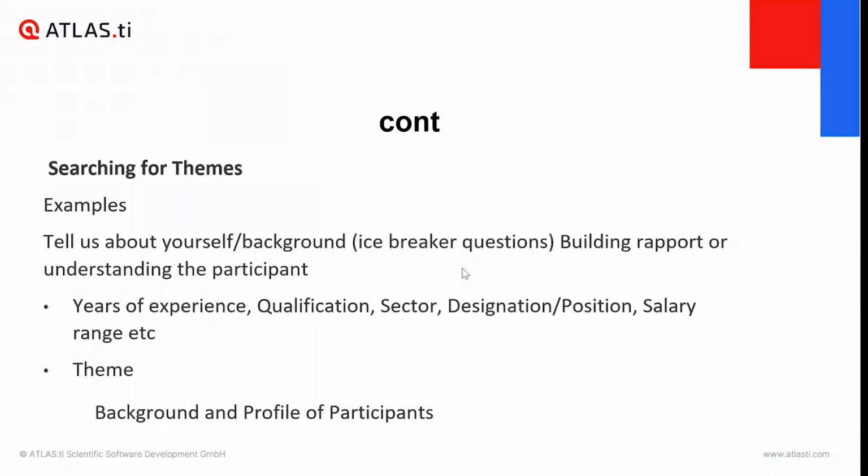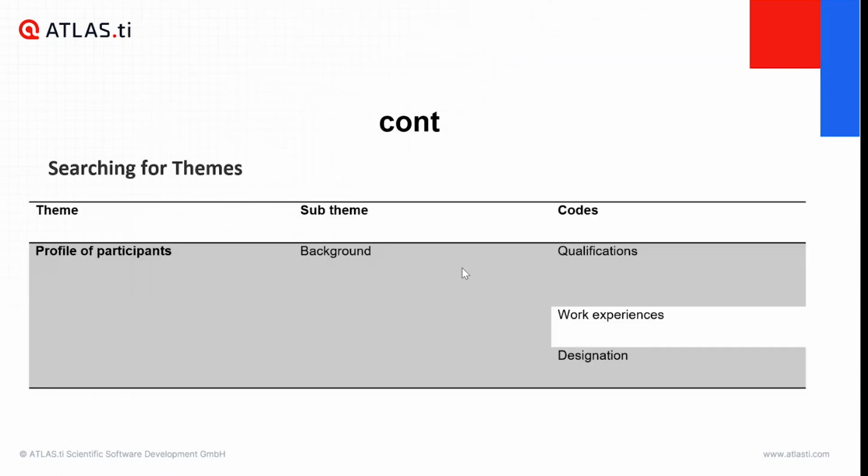Now, you can see that ultimately these variables, these codes can lead to a theme on background or profile of participants. So when you are coding, because it is always starting with the code, you will take a particular segment where they are talking about qualifications and code it accordingly, saying this is qualification, this is work experience, this is designation, and so on.